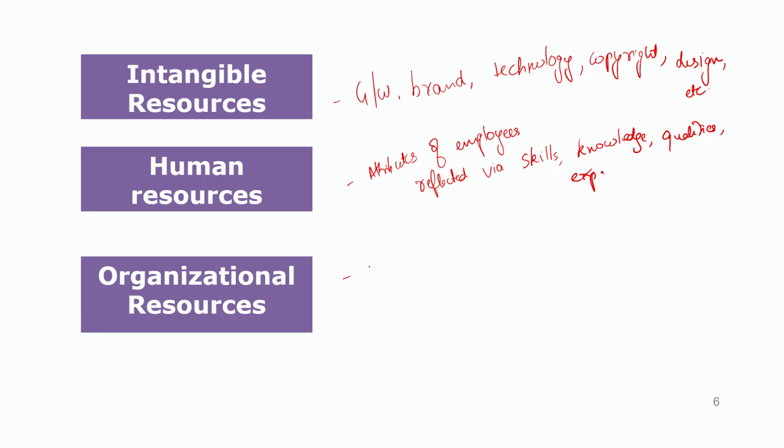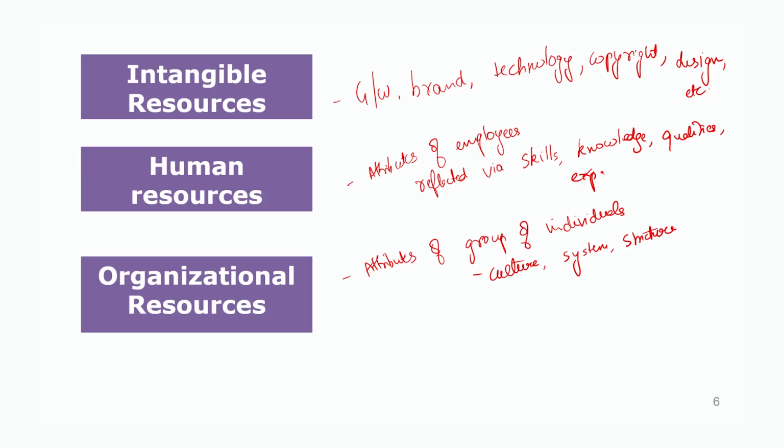They are the attributes of group of individuals. It basically includes organization culture, system, structure, what a particular organization follow.